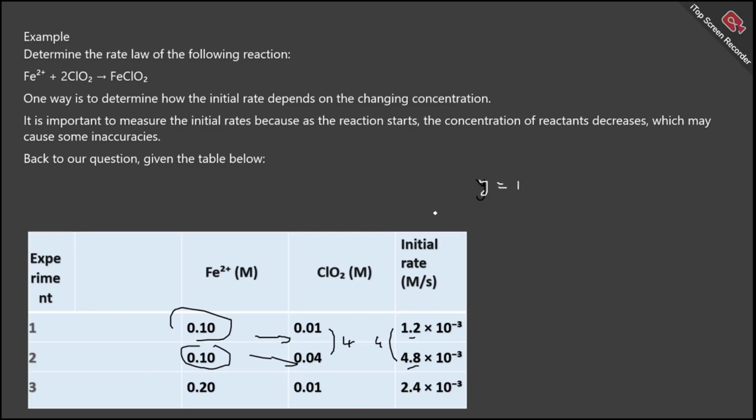Because the same thing which is happening to the concentration is the same thing which is happening to the rate. So therefore the rate law will be given by K, then iron raised to the power 1, and the concentration of chlorine dioxide raised to the power 1. Okay, so we are done with the first question. This is what we do. Let's go to the next one.